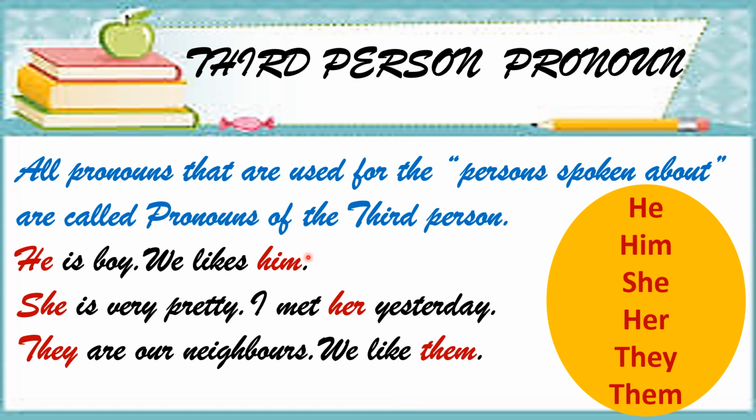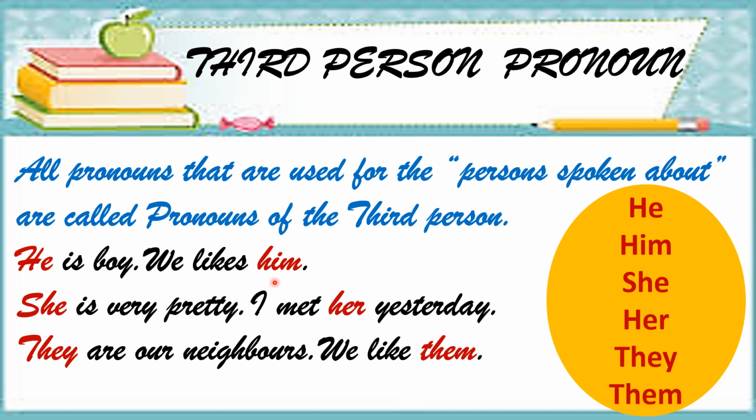Next is third person pronoun. All pronouns that are used for the persons spoken about are called pronouns of the third person. When we are talking about any person, what do we use? He is a boy.